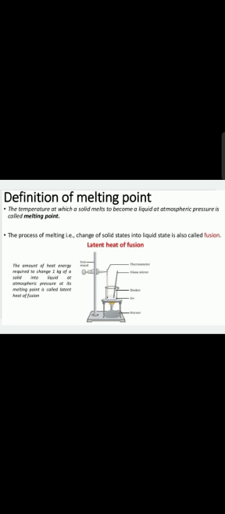And the amount of heat energy required to change 1 kg of a solid into liquid at atmospheric pressure and at the melting point is called the latent heat of fusion. Latent heat of fusion converts the whole of the solid into liquid without raising the temperature of that system. Latent here means hidden heat. Therefore, this heat just converts one state to another and does not lead to an increase in temperature on the thermometer.